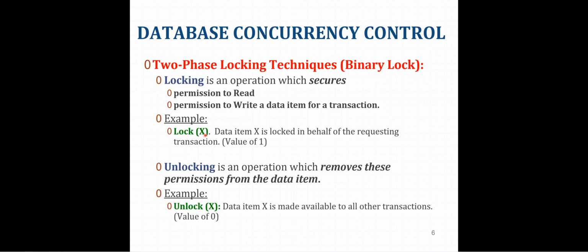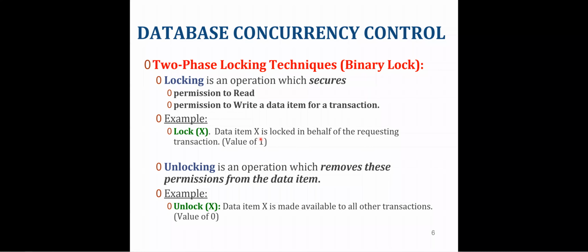I told you, if you remember, about the lock variable that is associated with every data item that we have. If it is locked, that means the data item is closed. No one can use it at the moment because another user is using it now. Okay, that's the meaning of it.